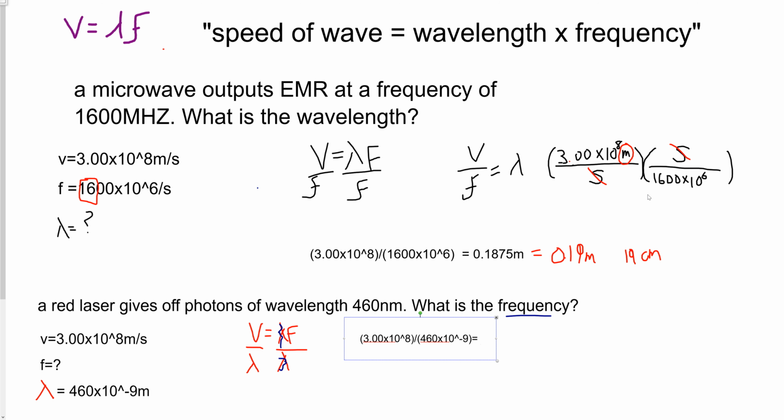Most of the time, wavelengths are very tiny. So that gives us, let's see, we have 2 sig digs, so 6.5 times 10 to the 14 hertz. And you can leave it like that. You don't have to showboat and turn this into megahertz or gigahertz or terahertz or whatever.